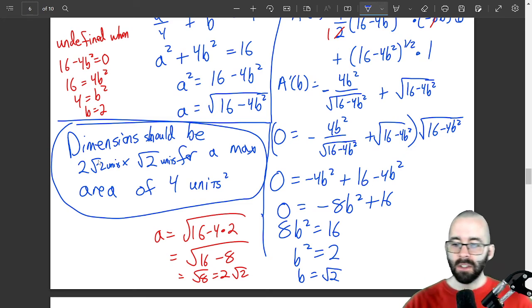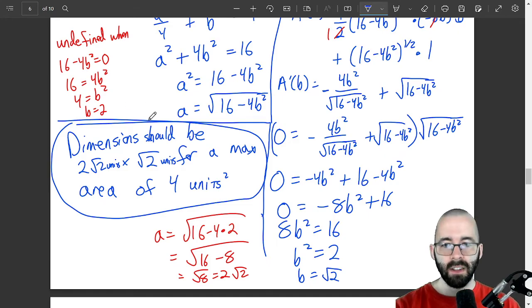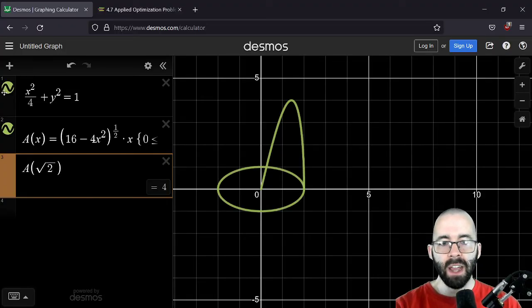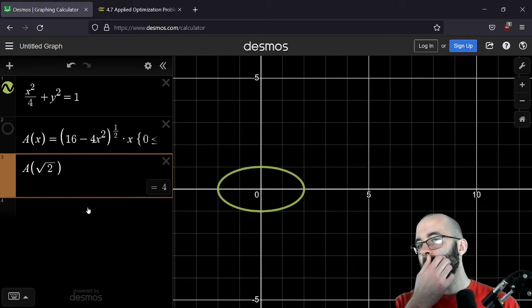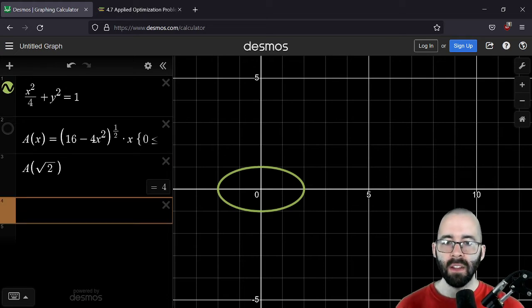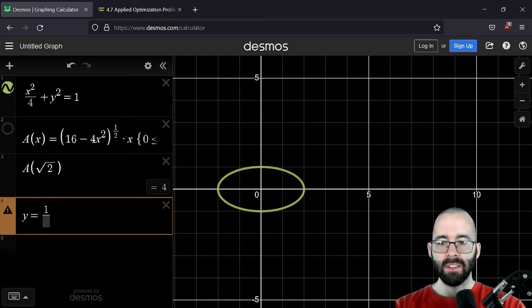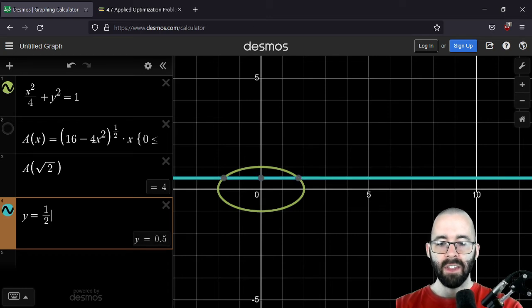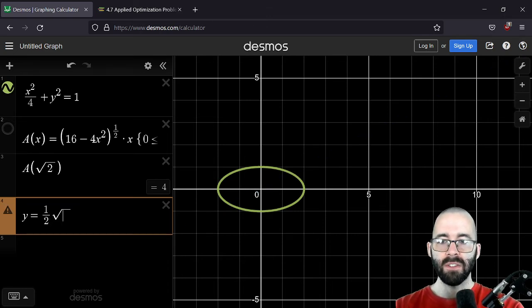So to kind of give a little picture of what this looks like, let's look back at our ellipse. What's the rectangle that maximizes these? Well, it's going to have the vertical line of y equals 1/2 of that vertical distance, which is the square root of 2.